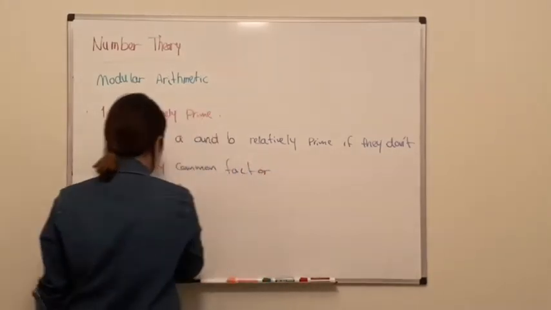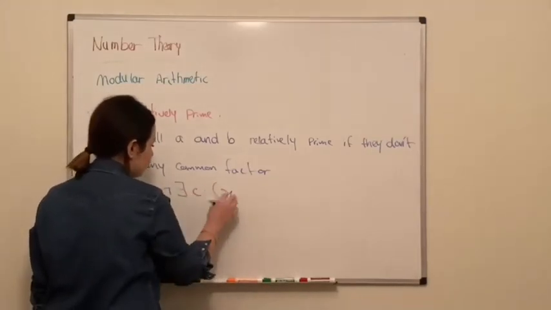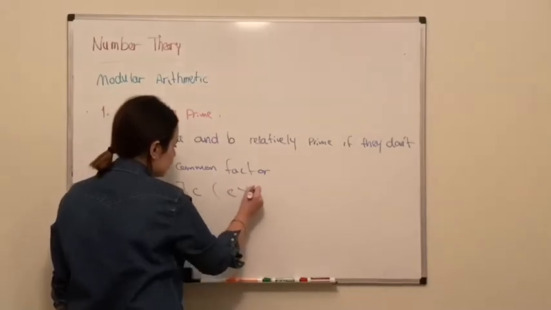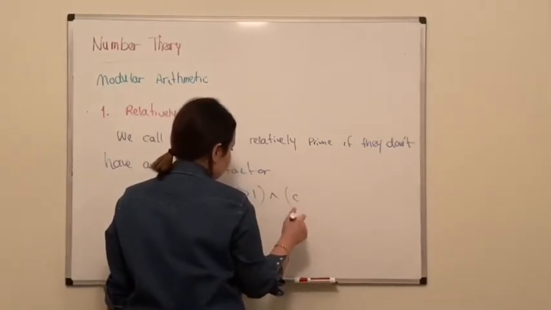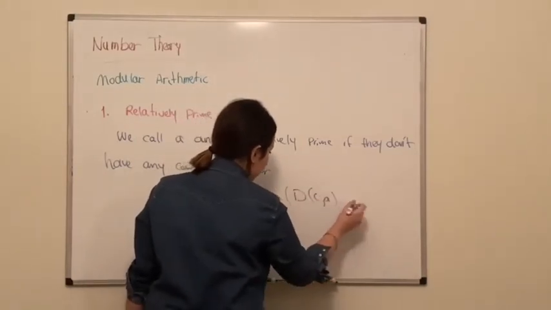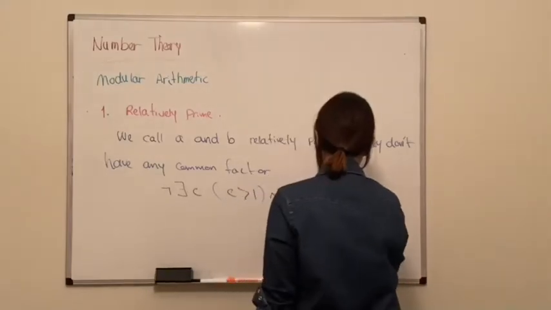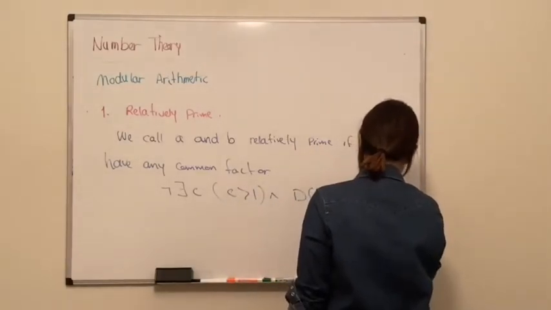Or let's say it is not true that there exists c such that c is greater than 1 and c divides a and c divides b.